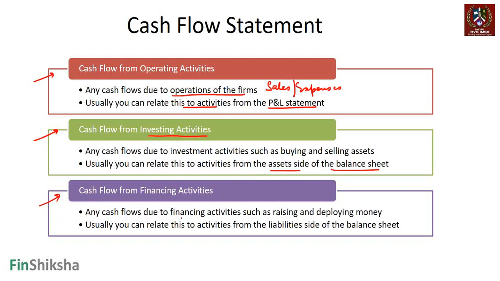And any cash flows due to financing activities such as raising and deploying money or repayment of money, all this comes under financing activities. Usually you will find this on the liabilities side because that's where you will raise money. That's where you will deploy or repay money from.